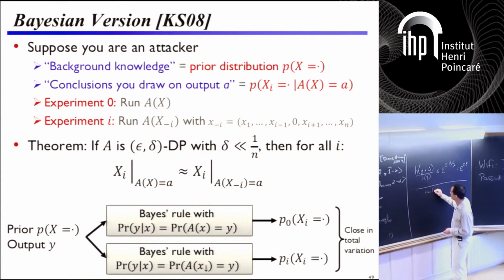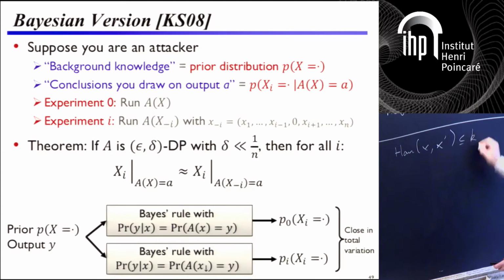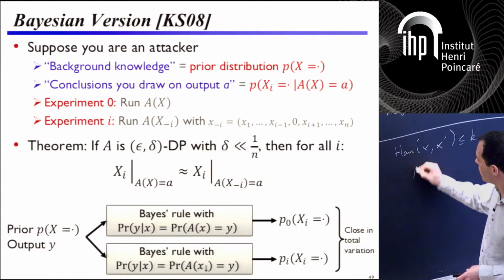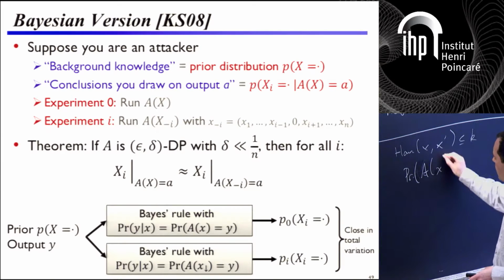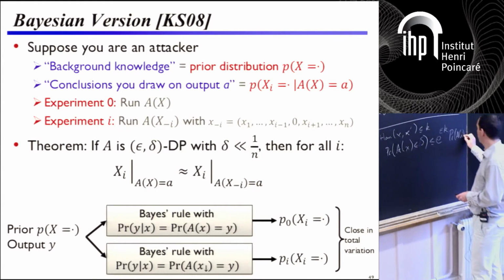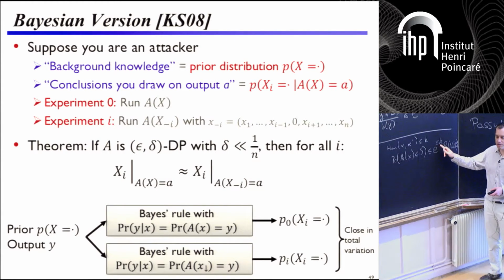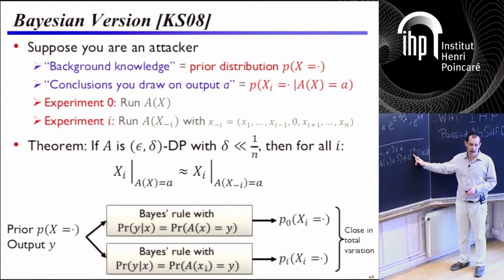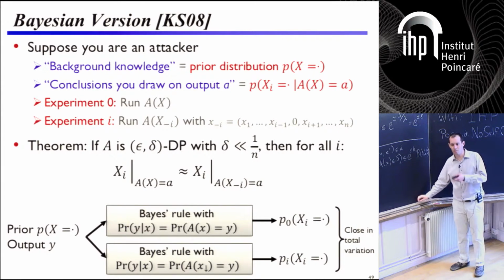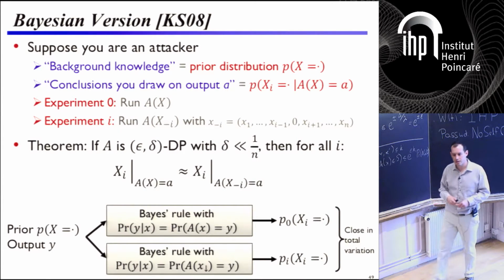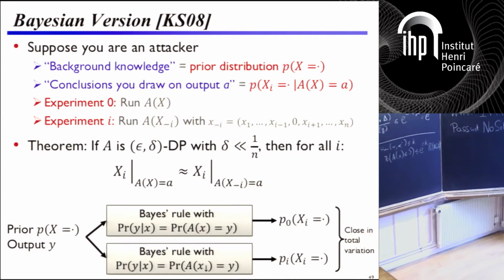So if the Hamming distance between x and x prime is less than some number k, then if I look at the probability of any set, this multiplicative measure goes up by a factor of at most k. And a similar statement is true with non-zero delta, although it's messier. But morally, it's the same thing. Okay, and that's by some kind of triangle inequality on probability distributions in this metric.